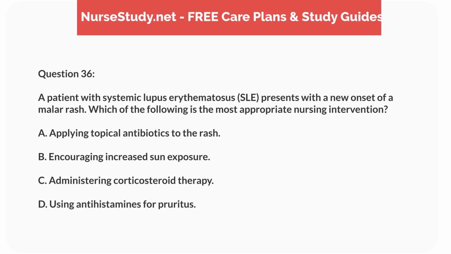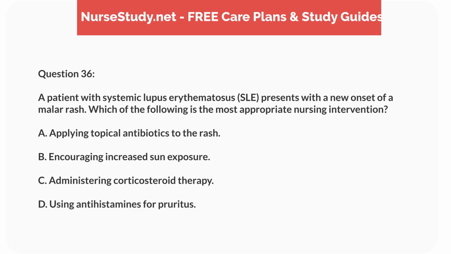Question 36. A patient with systemic lupus erythematosus, SLE, presents with a new onset of a malar rash. Which of the following is the most appropriate nursing intervention? A. Applying topical antibiotics to the rash. B. Encouraging increased sun exposure.